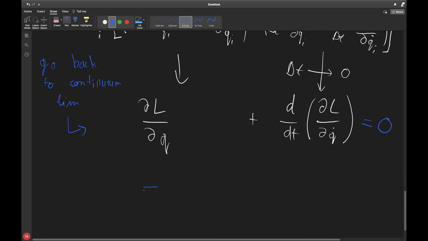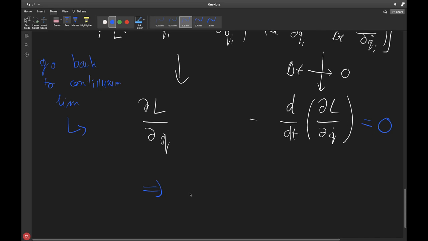So from this we get the negative derivative. I was speaking about it, but never wrote down that there's a minus sign here. So I have something minus something, and this equals 0.